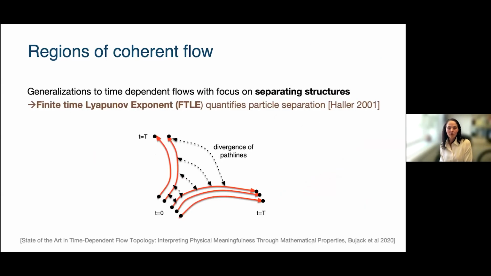And the method that looks at separating features refers to the finite time Lyapunov exponent, which really just seeds a lot of particles and measures how they diverge. And then we can generate a scalar field out of it, define a color map and render this.